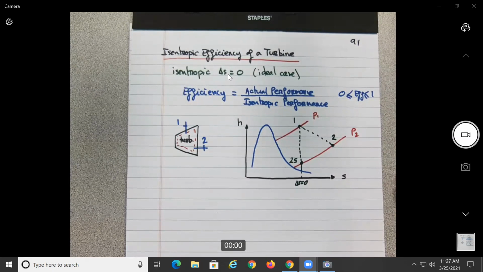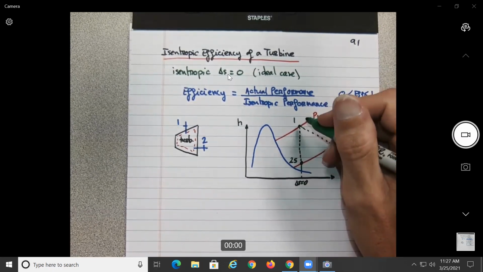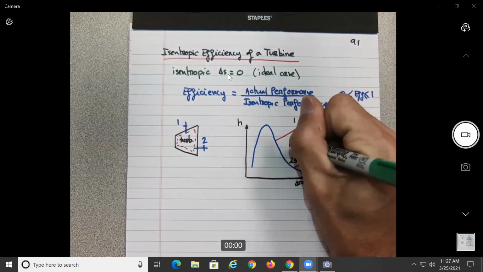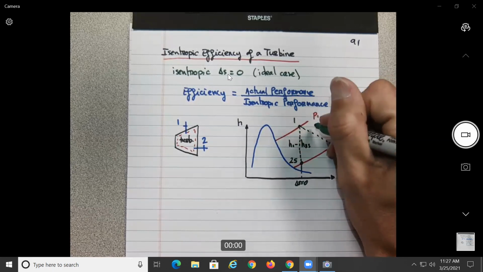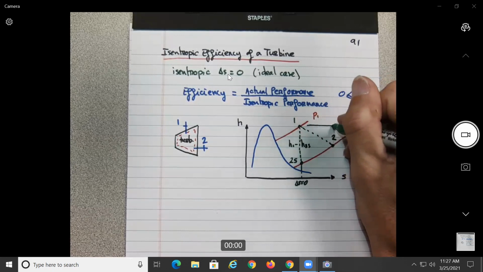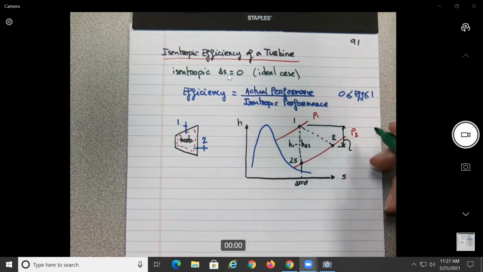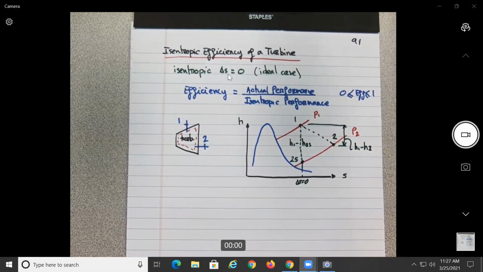All right, so now maybe I can do it here. So that distance over here should be what? H1 minus H2s, and this one here will be H1 minus H2, in function of the enthalpies.